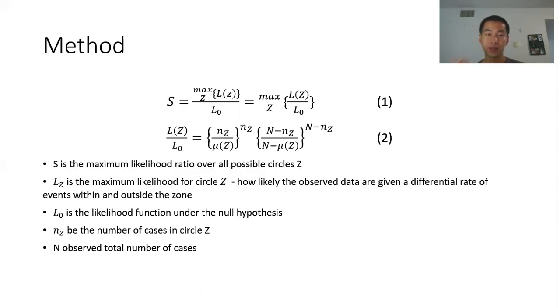L0 is the likelihood function under the null hypothesis. The null hypothesis basically says that the disease happens randomly across space and time. Small n_z here is the number of cases inside the circle, and capital N denotes the total observed number of cases.